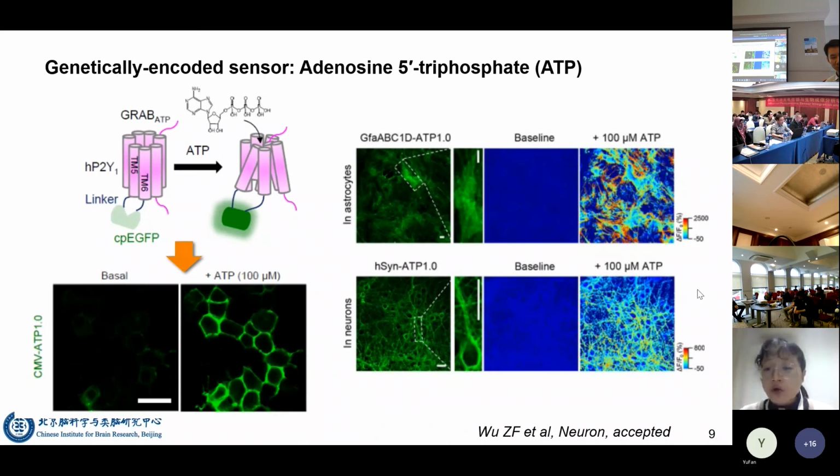With neurons, it also showed good results, but lower.